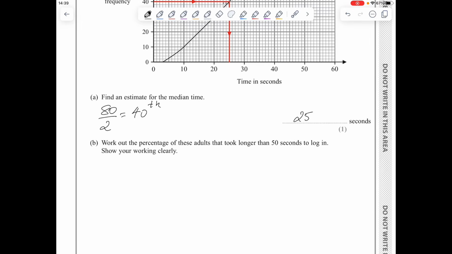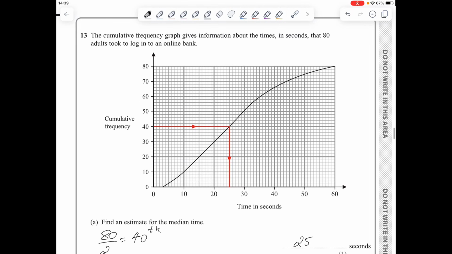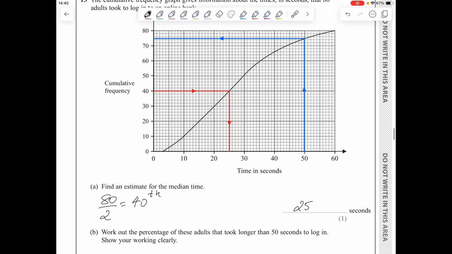For part B, I need the percentage of those adults that took longer than 50 seconds. So now I'm going to do the reverse. I'm going to go on the graph, find 50 on the horizontal axis and read the corresponding y coordinates. And from the graph, I can see that this is equal to 75.